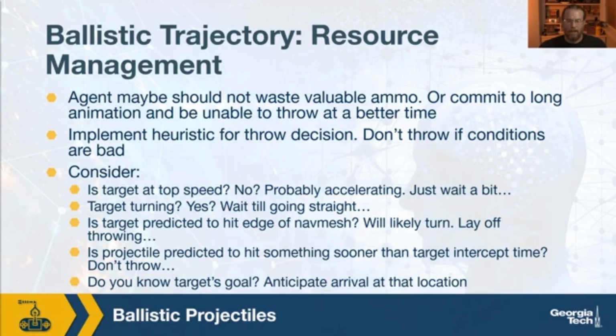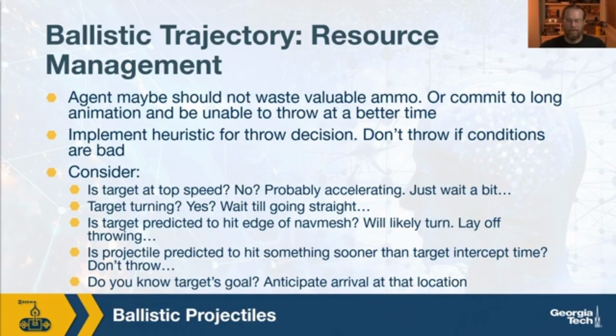So there's no point in trying to throw there, because then you're just going to hit a wall. You can raycast along the nav mesh to figure out if, by the time your throw would get there, it would hit, which means the target is going to move. And you can just say, I'm going to lay off.